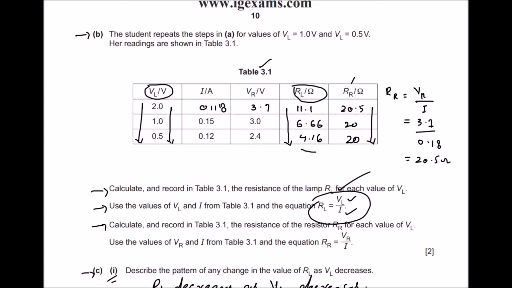It is 4.16. Now you need to know what would be the resistance of the lamp when this voltage goes to 0. You ended at 0.5, so you need to take more observations till the voltage becomes 0, and then you can find the resistance of the lamp easily. You can do this task by plotting a graph of VL versus RL.